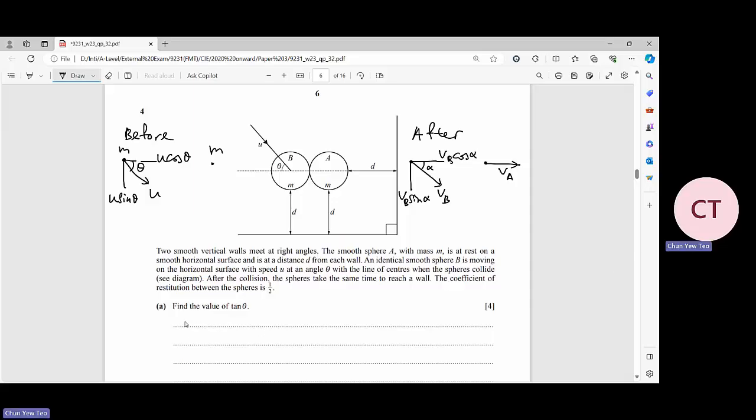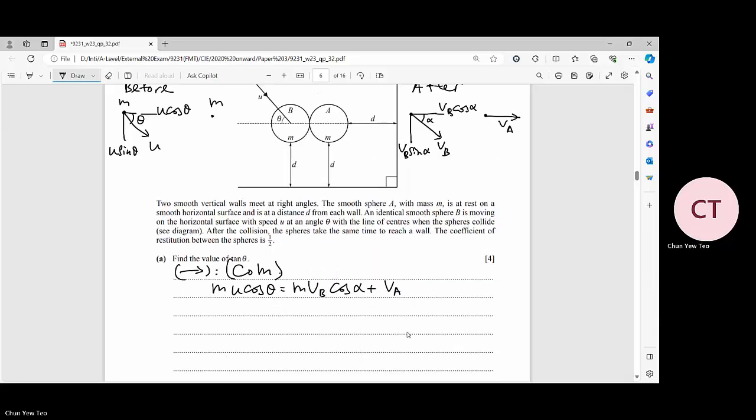if you consider the horizontal motion, you will have conservation of momentum before and after, which is M U cos theta equals M VB cos alpha plus M VA.